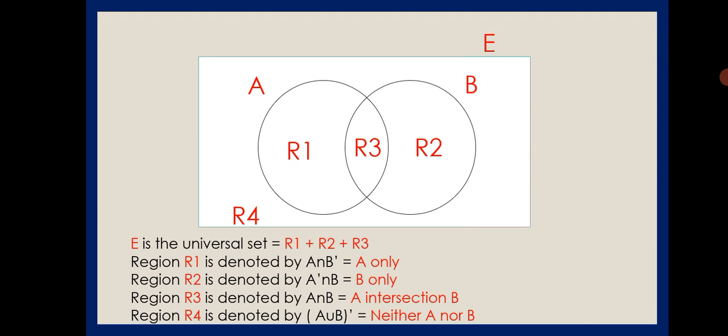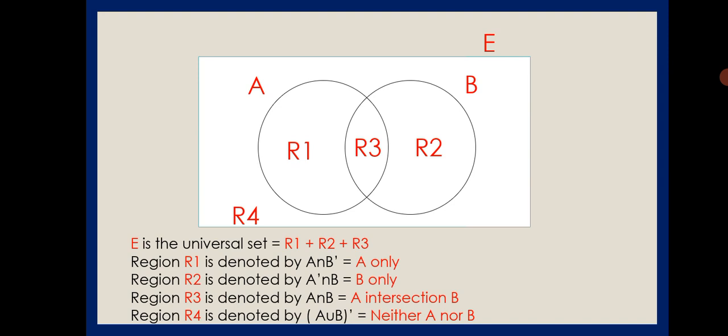What does it mean? E is the universal set, meaning R1 plus R2 plus R3 plus R4 gives us E. That's the universal set. Remember we said the universal set is a set in which all the members of the individual sets are brought under discussion.